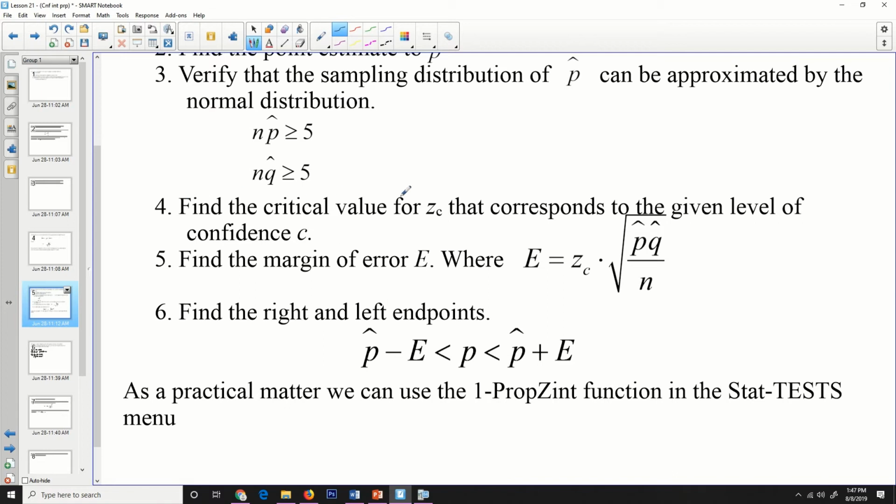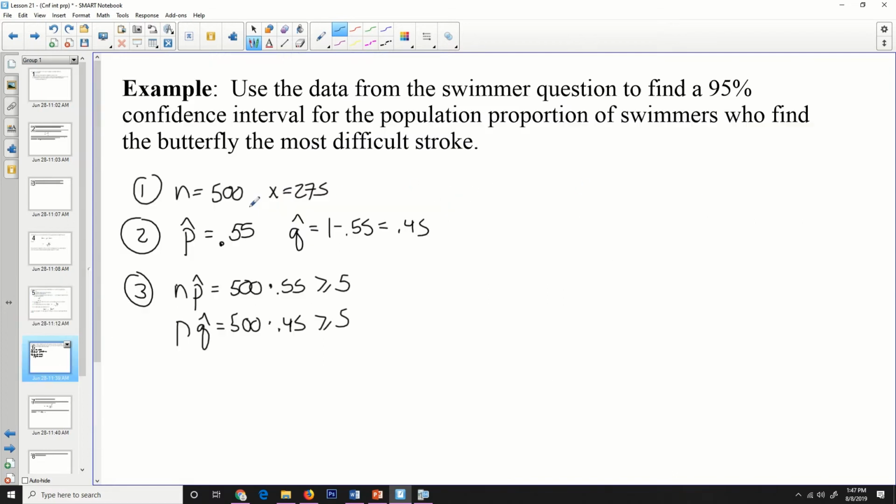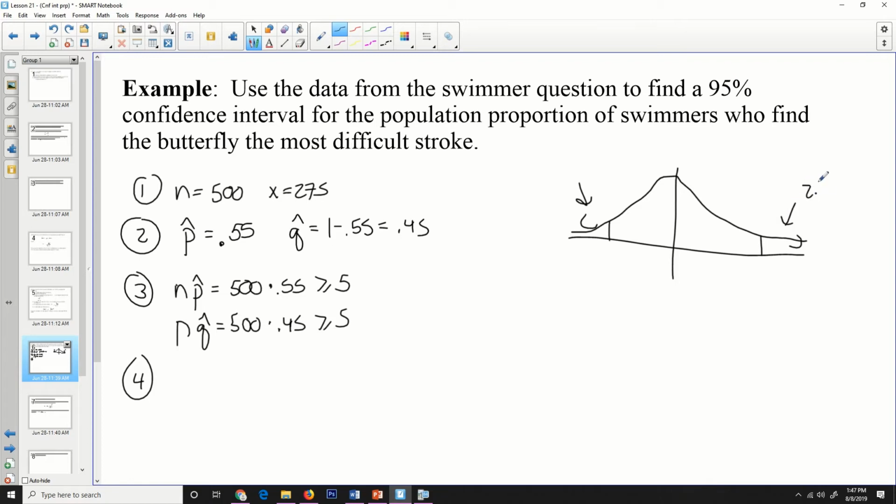And then we're going to find the critical value ZC that corresponds to the given level of confidence. If we want a 95% confidence level, and remember this is a two-tailed test because it's a proportion, then it's 2.5% in each tail.